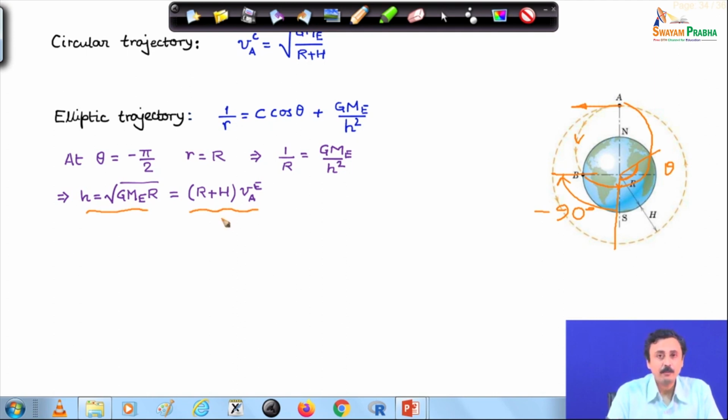That will give me the angular momentum per unit mass of the satellite at A on the elliptic path.